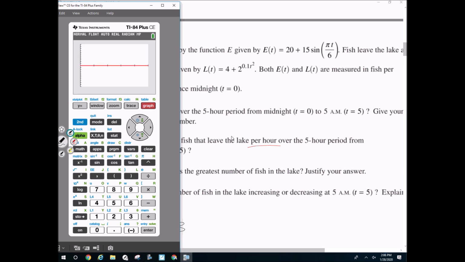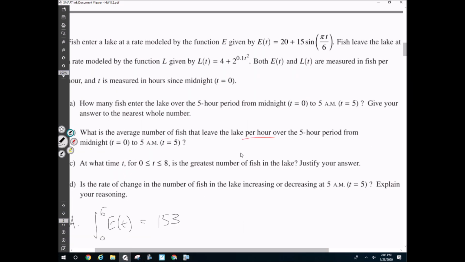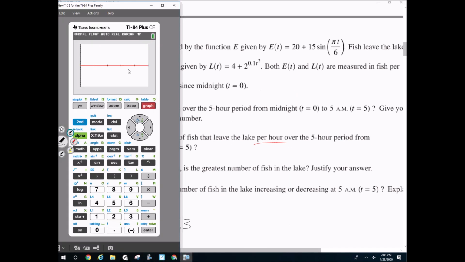I'm confused why it doesn't cross. I'm assuming that things are going to be crossing. Everything looks good. 20 plus 15 sine pi x over 6 minus 4 plus 2 to the 0.1 t squared.